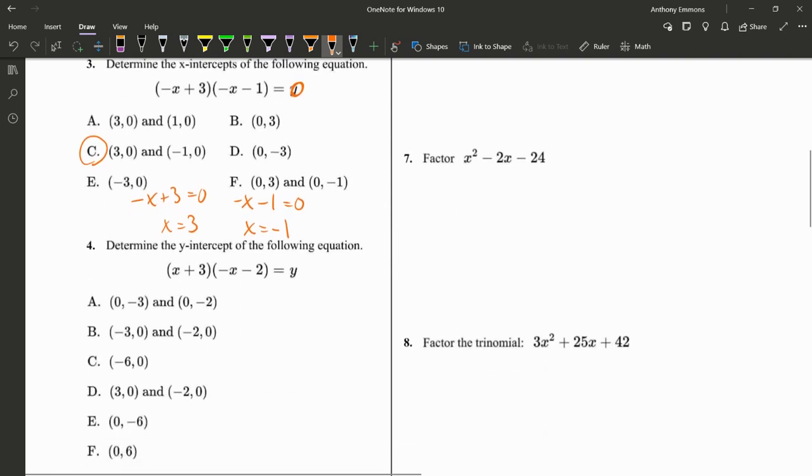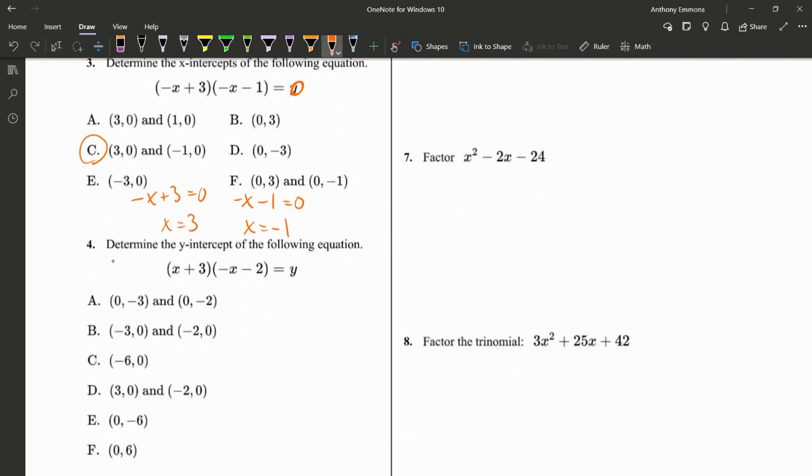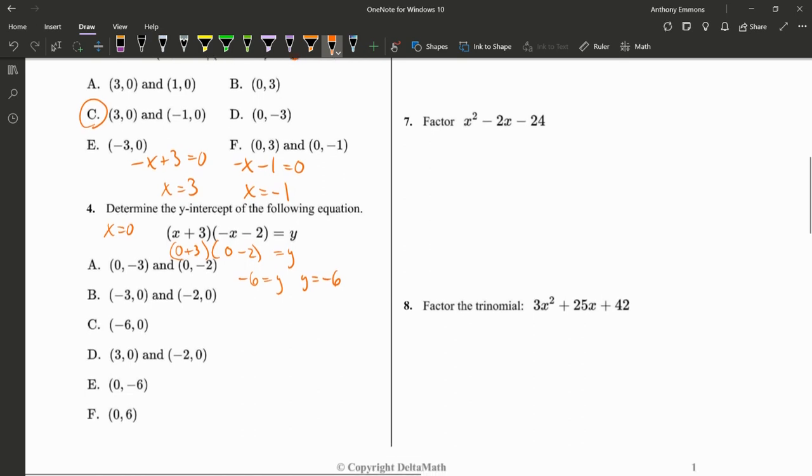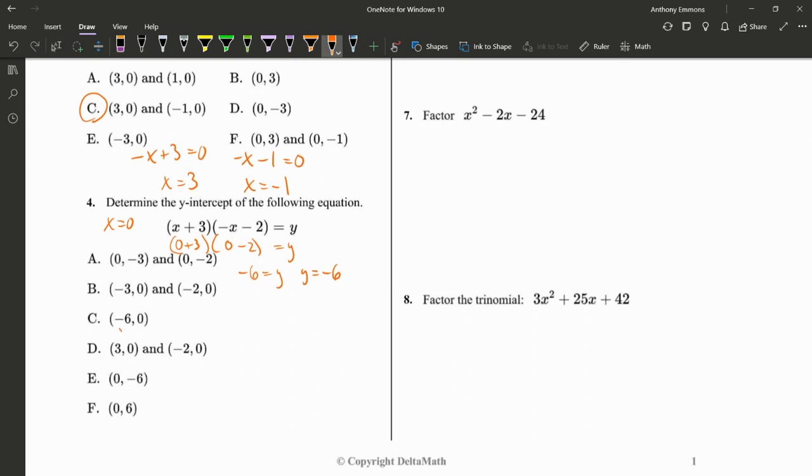All right, and determining the y-intercept once again, that's when x equals 0. There should only be one y-intercept. All right, so 0 plus 3, that's going to get multiplied by the opposite of 0, which is just 0, minus 2. All right, +3 times a -2, you'll get -6 equals y, or y equals -6. So which one of these is y equals -6? No, that's an x value.